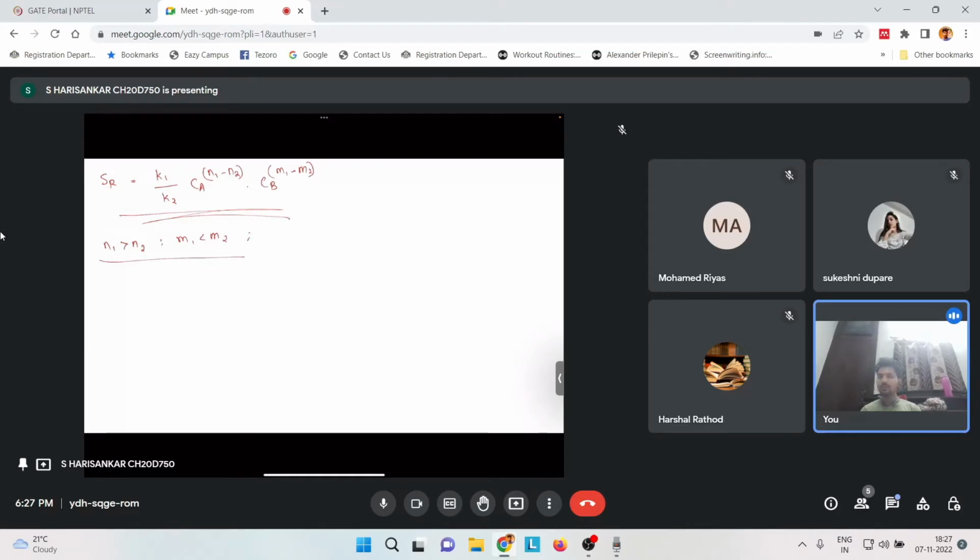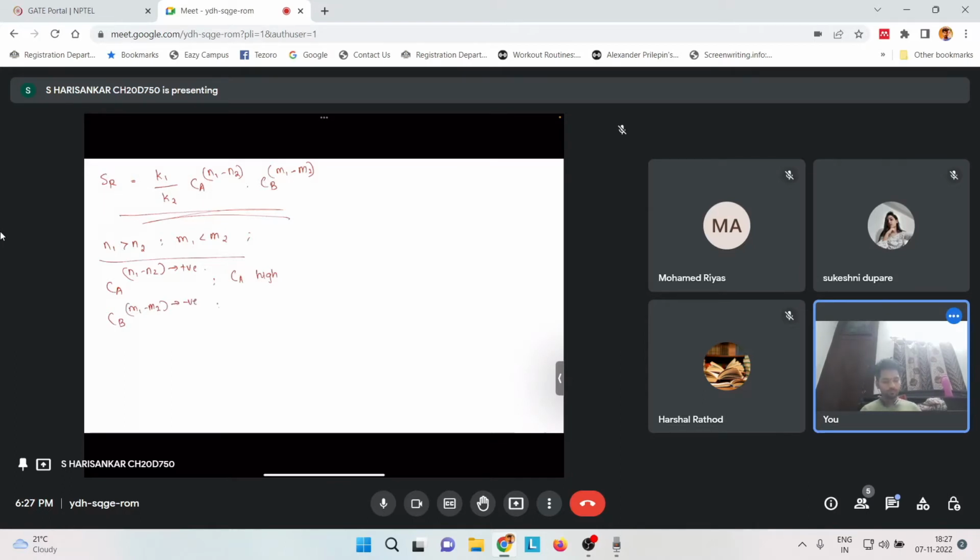So let's say n1 is greater than n2. So that means this Ca raised to n1 minus n2 will be positive. So it is better to keep Ca high or increase the Ca, right? And since m1 is less than m2, the Cb raised to m1 minus m2 will be negative.